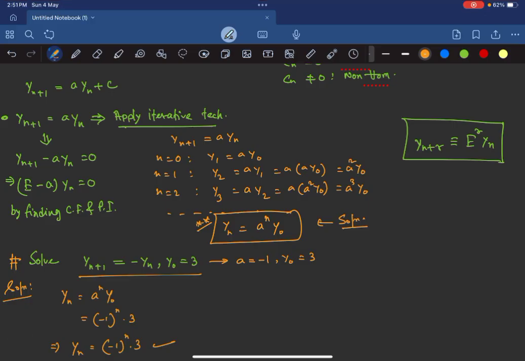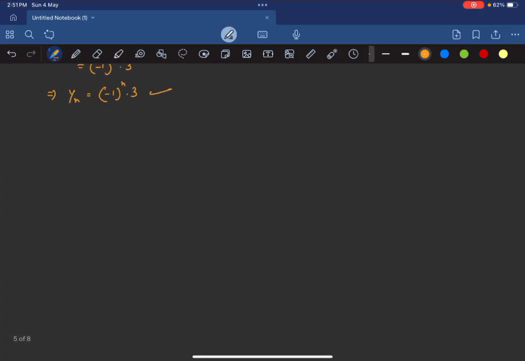Now if we consider the non-homogeneous equation, first let us discuss this iterative method. Later on we'll see the CF and PI finding technique as well. For the non-homogeneous equation, y_{n+1} = a y_n + c. If we apply the iterative method, for n equals 0 we have y_1 = a y_0 + c.